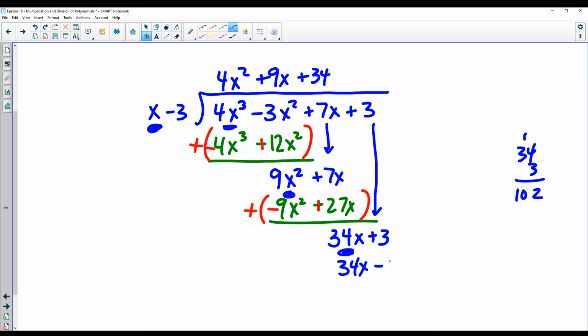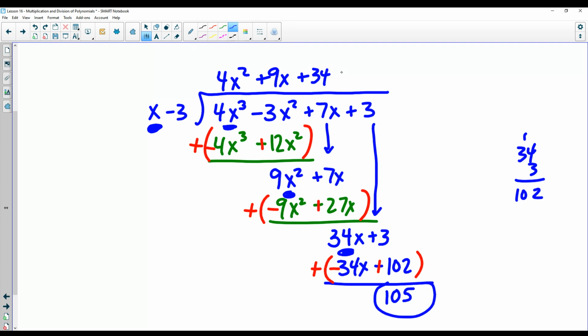So that's minus 102. And the last step here, subtract, which means add the opposite. Let's add. First terms are gone, and I have 105. I can't bring down anymore, I don't have anything else to bring down. So 105 is my remainder.